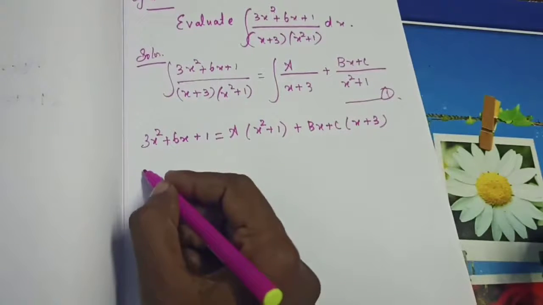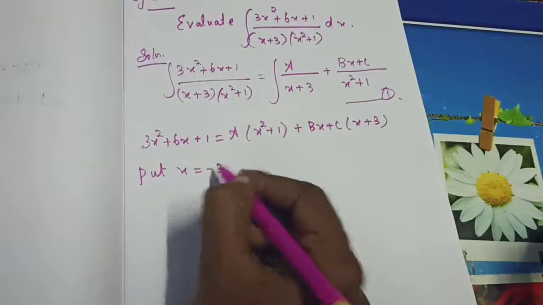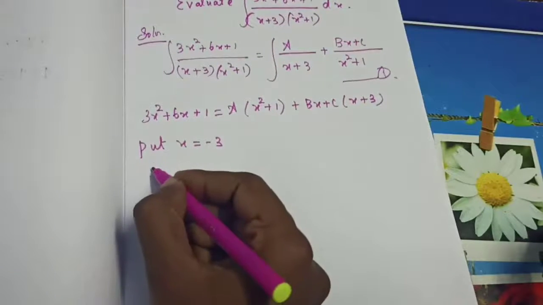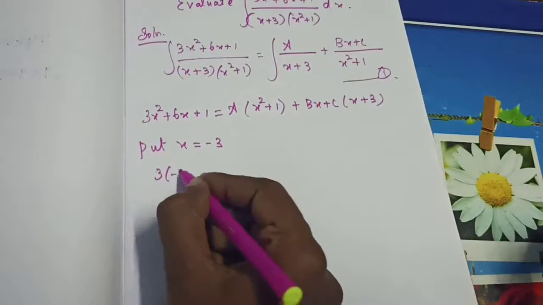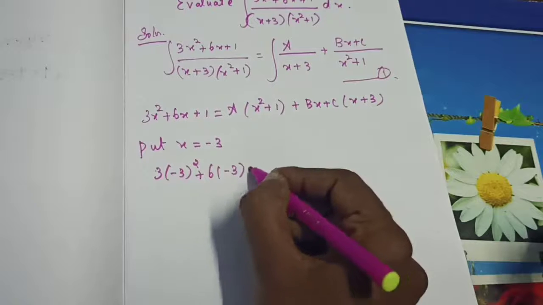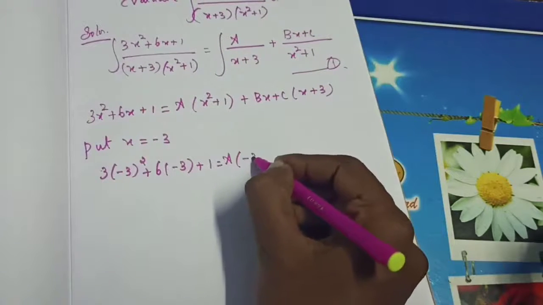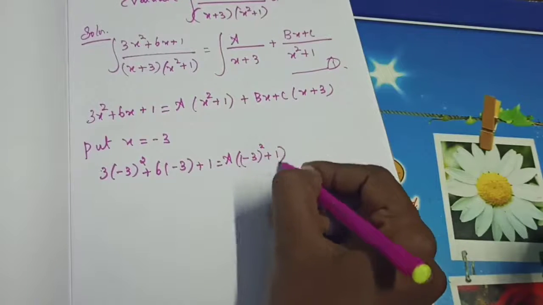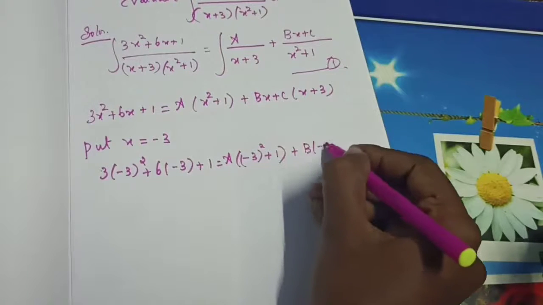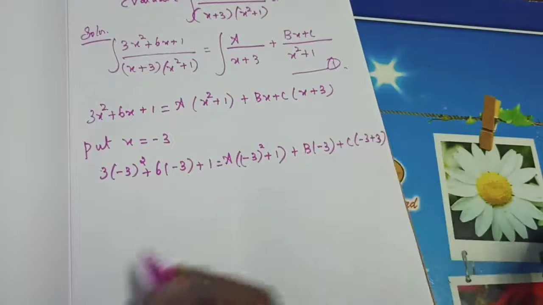Now we will make anything as 0. So what will you put here? x equal to minus 3, yes? Substitute x equal to minus 3, you want to be very careful. 3 into (minus 3) the whole square plus 6 into minus 3 plus 1 is equal to A into ((minus 3) the whole square plus 1) plus (B into minus 3 plus C) into (minus 3 plus 3).